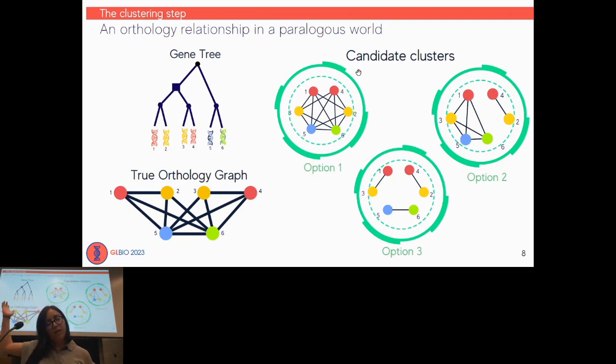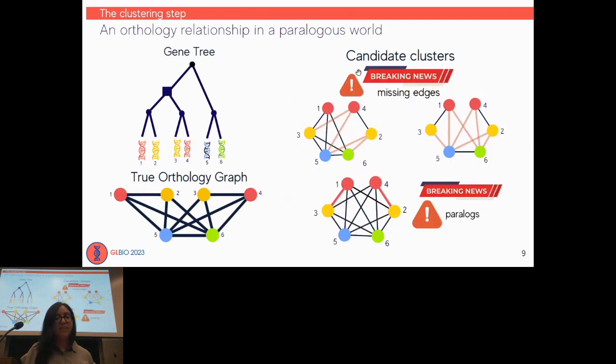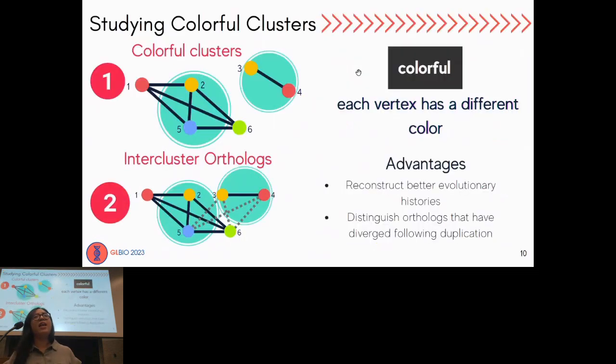Whenever we have candidate clusters that look like the ones on my left, these candidate clusters could contain many missing edges, and most importantly, they also contain some paralog genes. The methods I mentioned before do not consider the provenance of each of the genes. That is, they do not take the colors into consideration. Whenever I say colorful, I mean that each vertex has a different color.